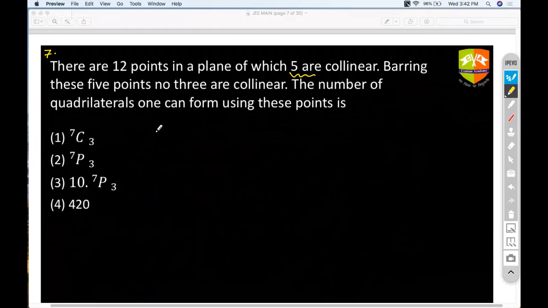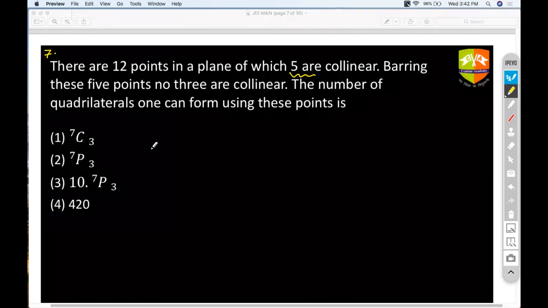Then the number of quadrilaterals that can be formed using these points. Again, an easy question, you should be able to do this within 1 minute.